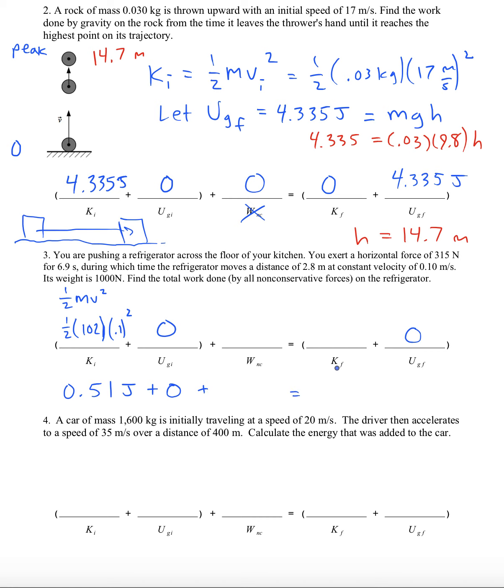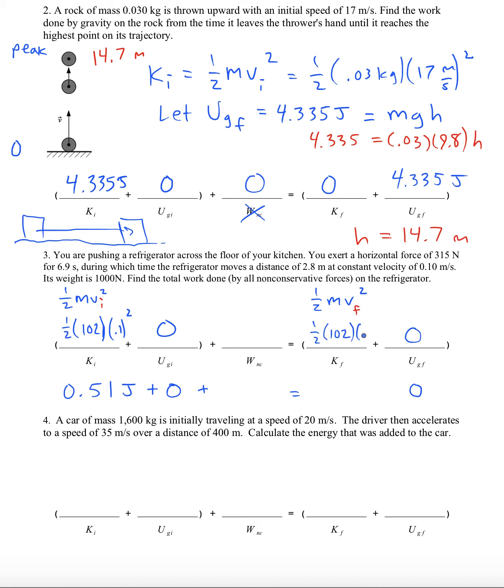How much kinetic energy would it have at the end? Well, use the formula 1/2 m v squared, but this time you use the final velocity, whereas we had used the initial velocity the first time. But look at that, it's constant velocity. So it's actually the same calculation.